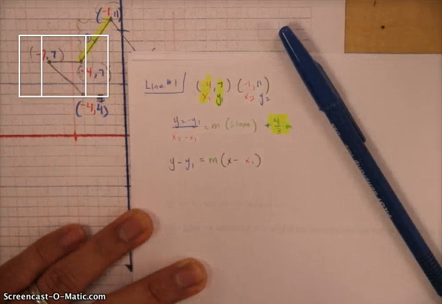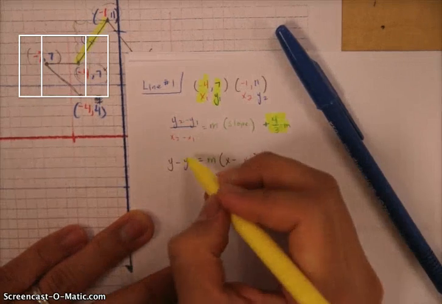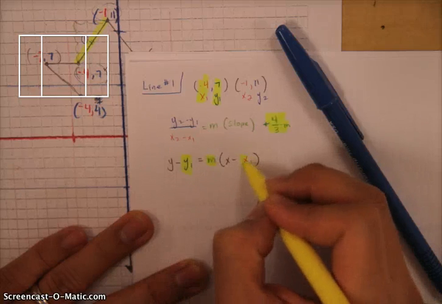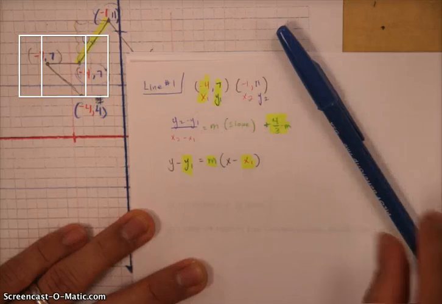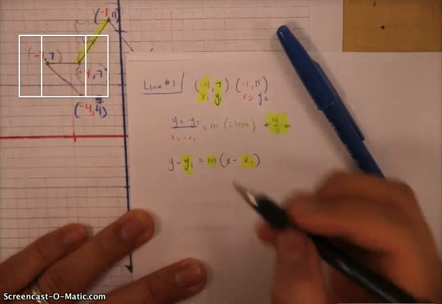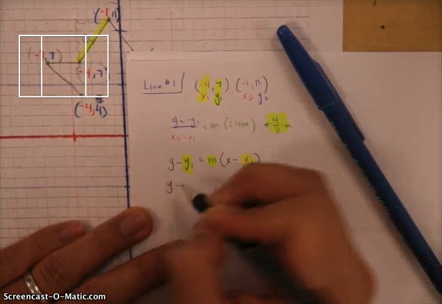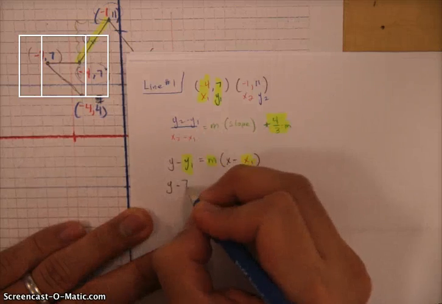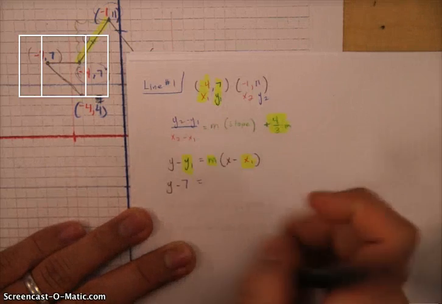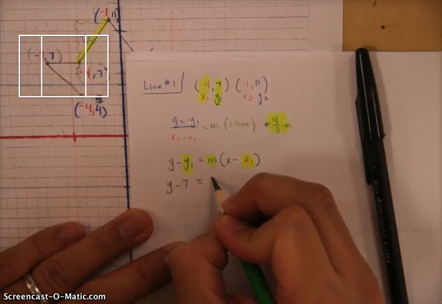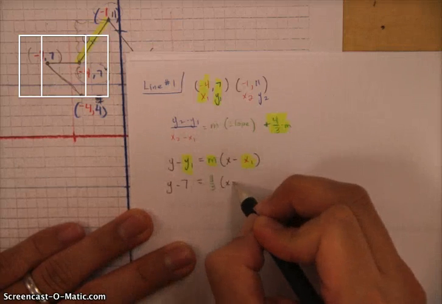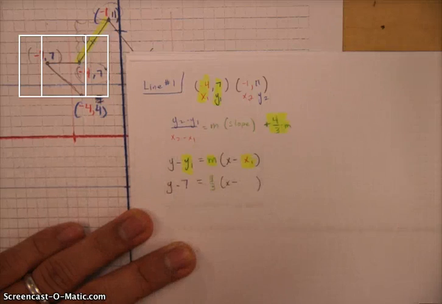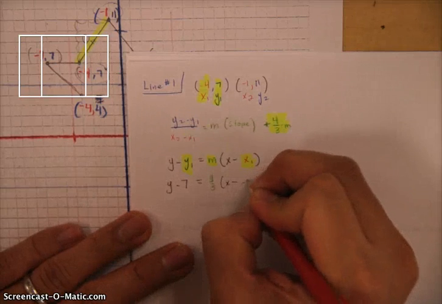When I'm done, I'll put it in y equals mx plus b, so it's much easier to graph. Y minus 7 equals 4 over 3 times x minus x1, which is -4.